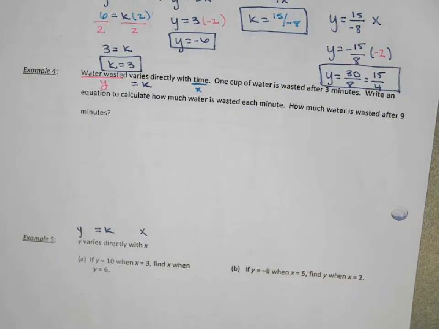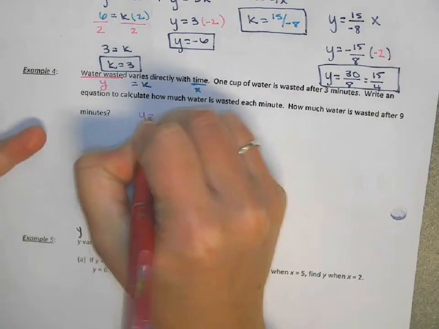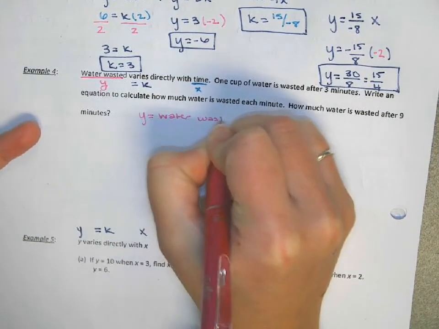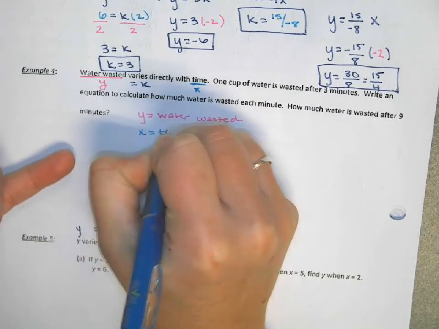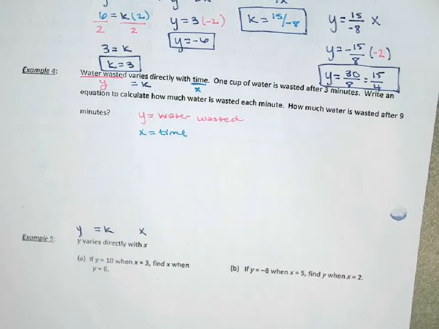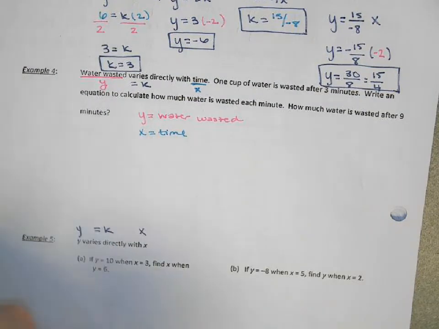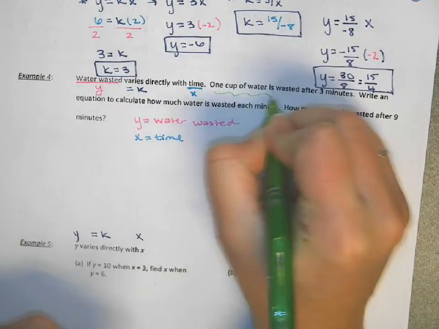Are you with me? So what this says is y is equal to the amount of water that is wasted. And your x has to be the time. Now it tells you 1 cup of water is wasted after 3 minutes.